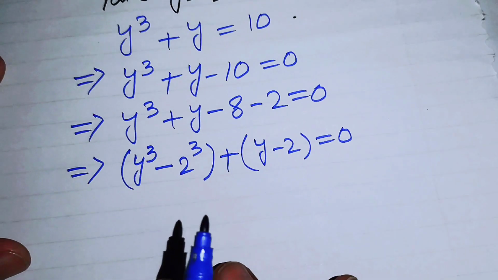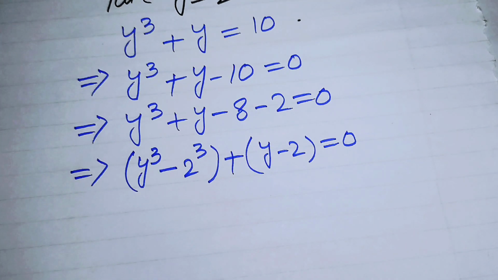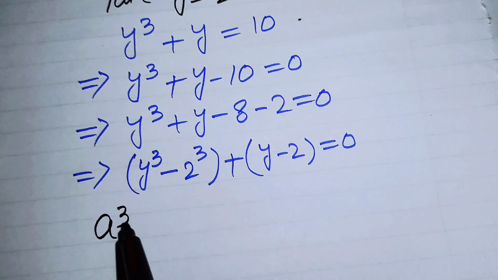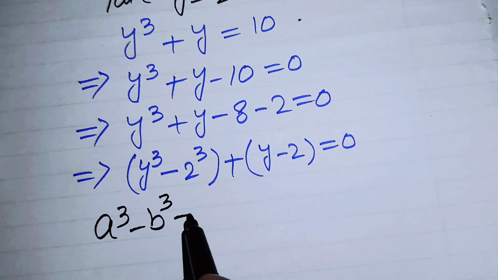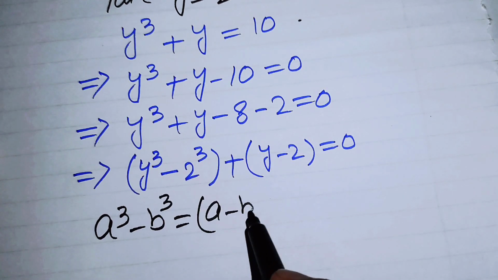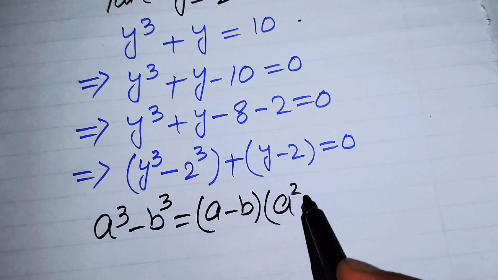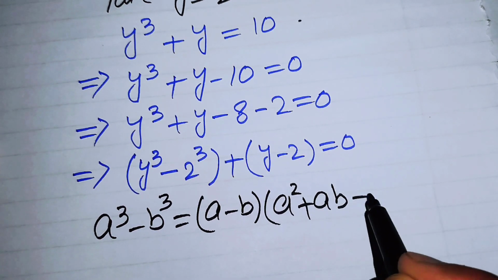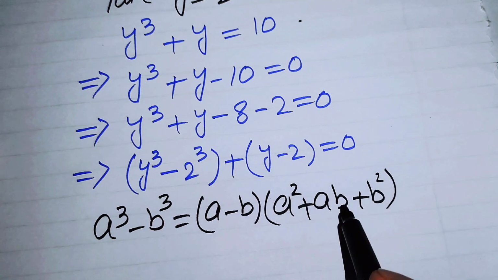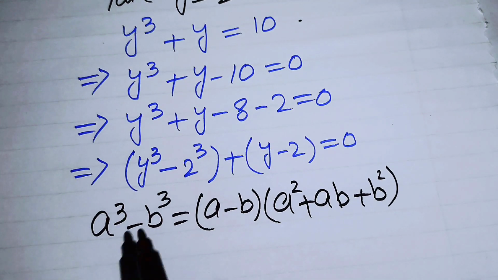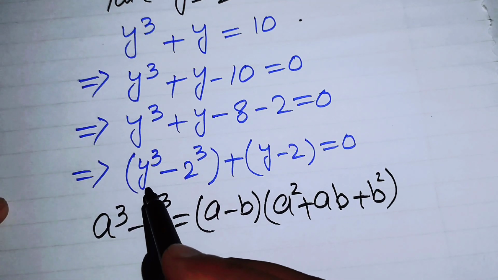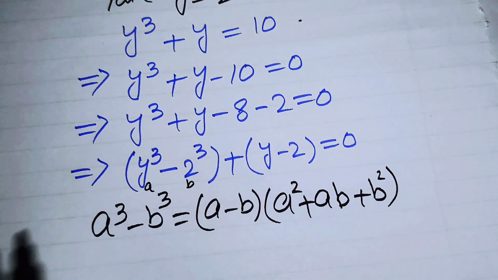Here I can apply a nice law, and you know about this law: if we have a cubed minus b cubed, it is equal to a minus b times a squared plus ab plus b squared. Now you just put in the values of a and b. The value of a is y, the value of b is 2.